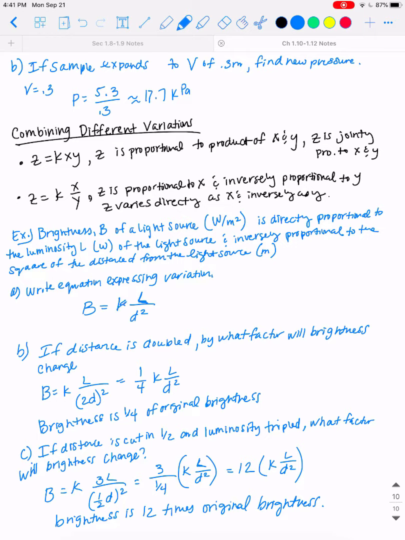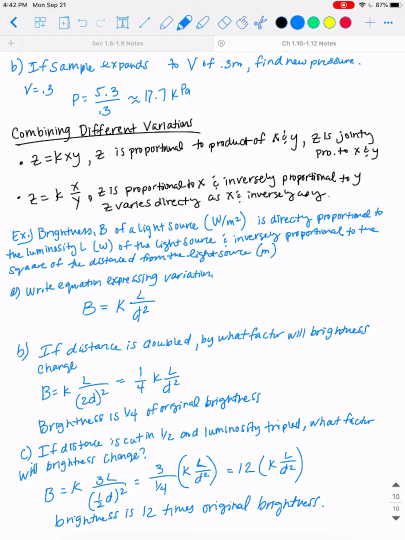And then our K is just going to be out here either way. And then it's inversely proportional, so we're going to have something on the bottom, the square of the distance D. So we have K L over D squared. Okay, there's our equation.